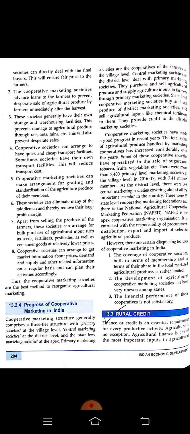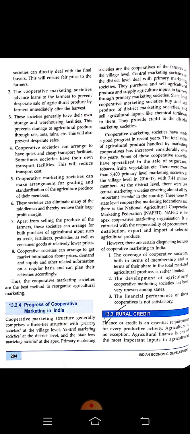Productive or unproductive credit. On the basis of the purpose of credit, agricultural credit takes the form of productive and unproductive credit. Finance required for the farmers to carry on productive activities is known as productive credit.